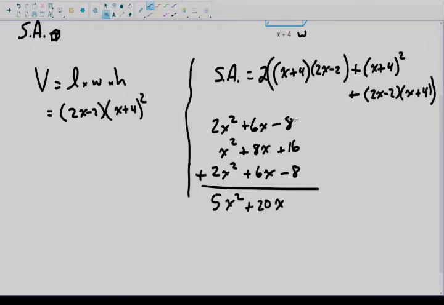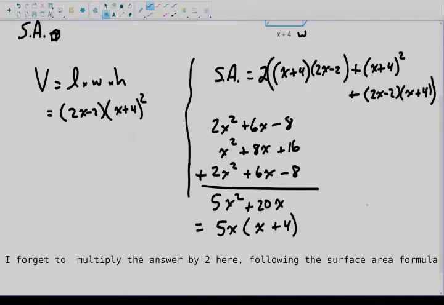And then plus 16 minus 16 gives 0. So this actually doesn't end up as a trinomial. It ends up as a binomial, and we can factor that binomial. Both of those are divisible by 5x, so that gives x plus 4 left.